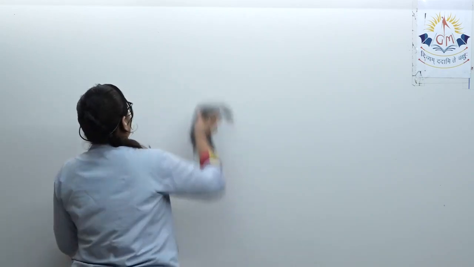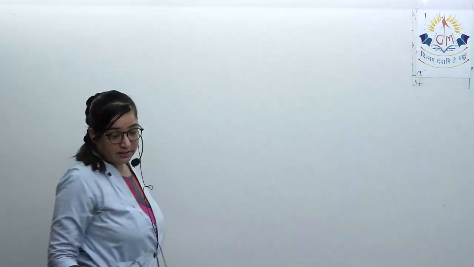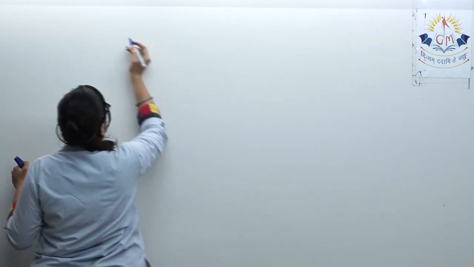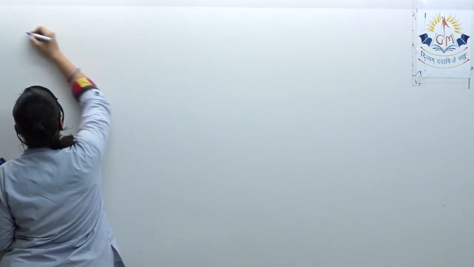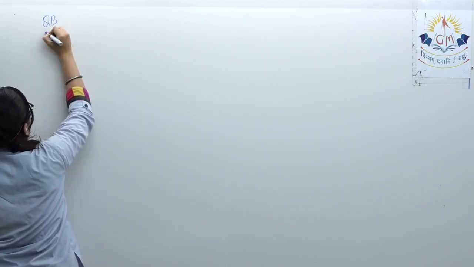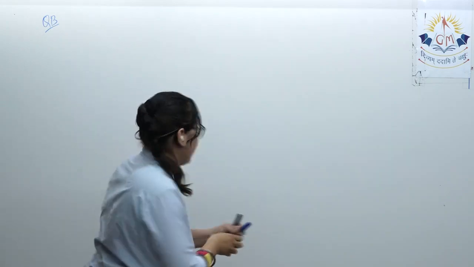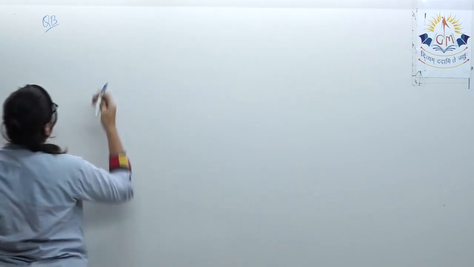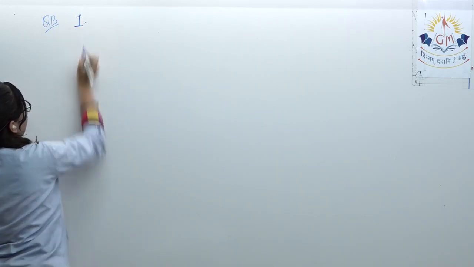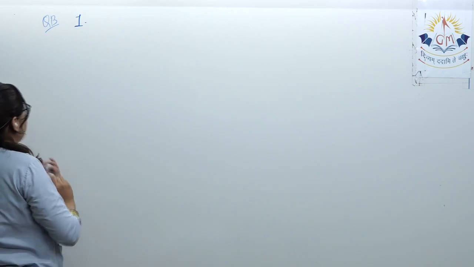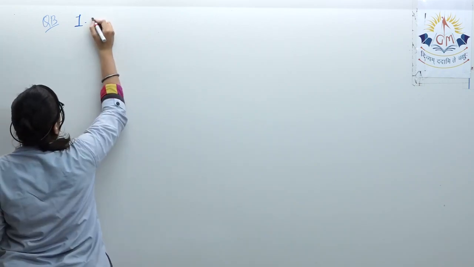So let's start on with the question. The very first one is iodine. Question B, short answer questions, the first one: classify as a metal and non-metal.